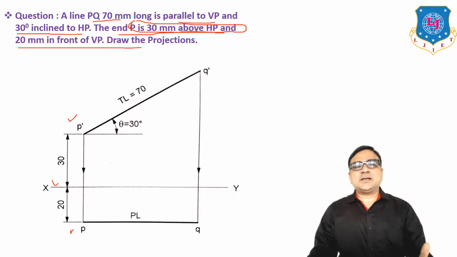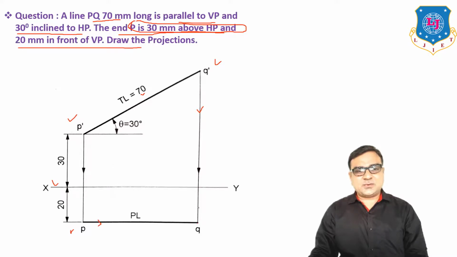Then our line is inclined to the H plane and parallel to VP. So the front view will always be true length because the line is parallel to VP. Draw a line from P dash, 70 mm long, and locate Q dash. The line should be 30 degrees inclined to the horizontal line. Now after knowing Q dash, the front view of Q, draw a vertical line, and from P draw a horizontal line.